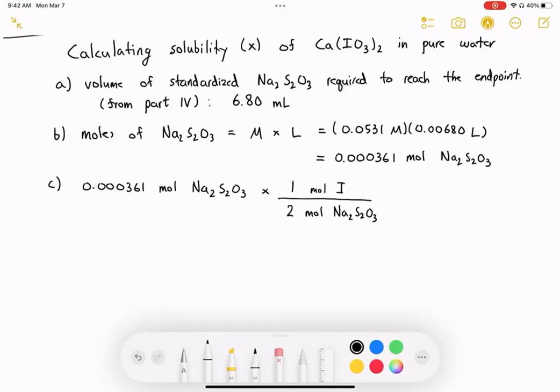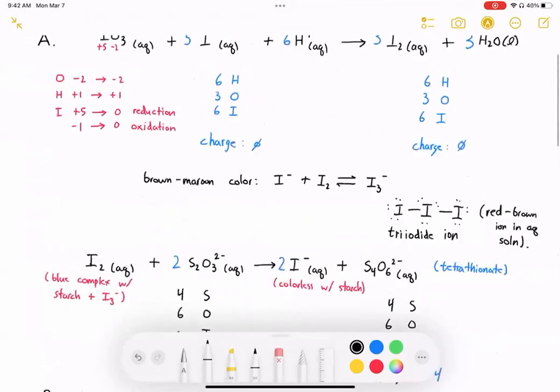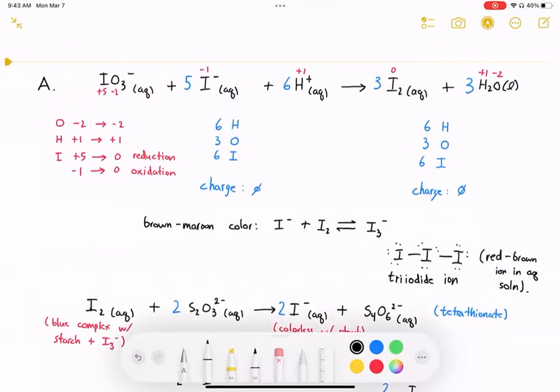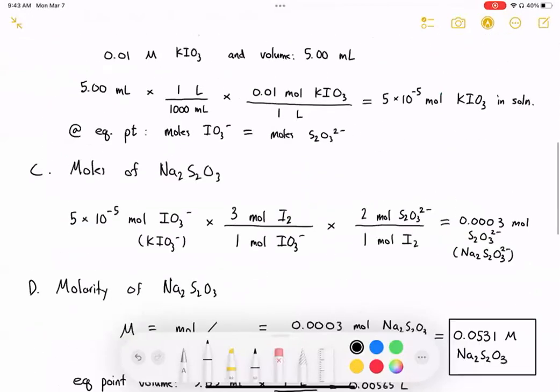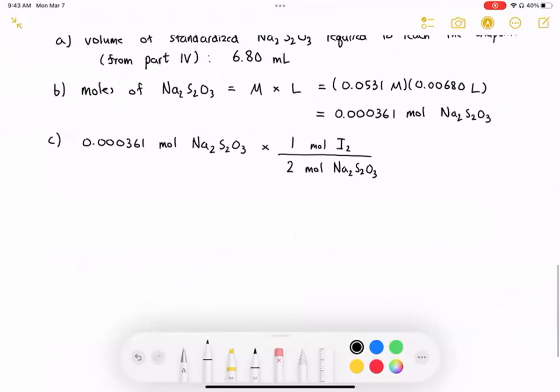And if we look back to the other equation up there, we see that for 3 moles of iodine, we get 1 mole of iodate. So essentially, you're just going backwards and dividing everything by 6, to 1 mole iodate.